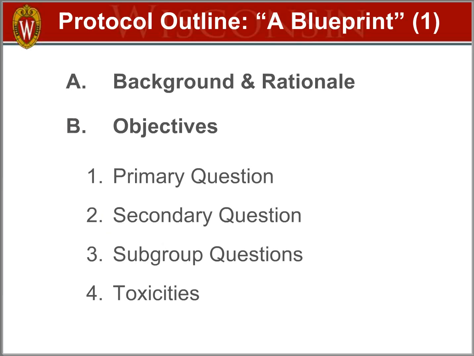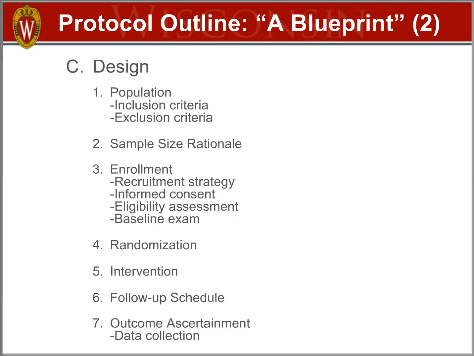Some of the background and rationale for the trial need to be included. You need to specify the objectives of this experiment, the primary question, secondary questions of interest, whatever logical subgroup questions can be posed, and finally to understand whatever toxicities and side effects are the result of the therapy. There's a major section of your protocol which defines the design.